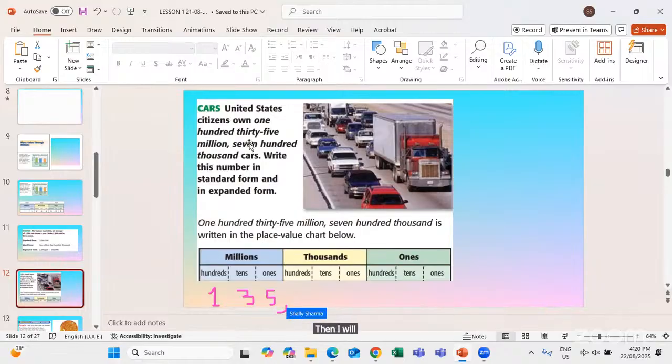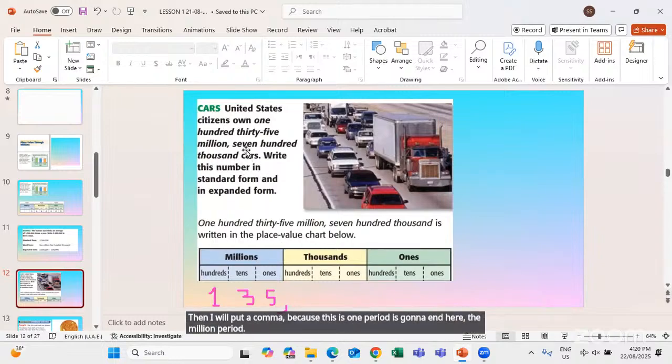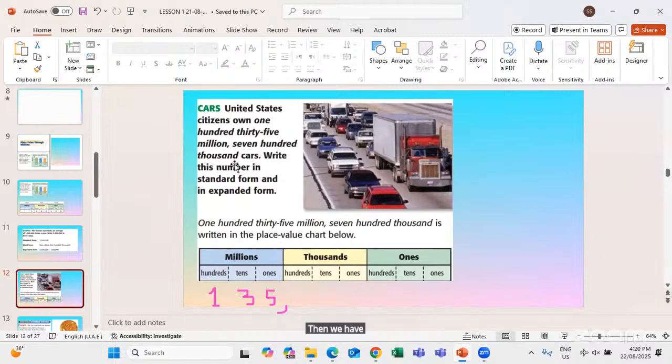Then I will put a comma because this period is going to end here, the millions period. Then we have 700,000 cars. So this is 700 and then 000, and this last period will be 000. So this is a way to write.